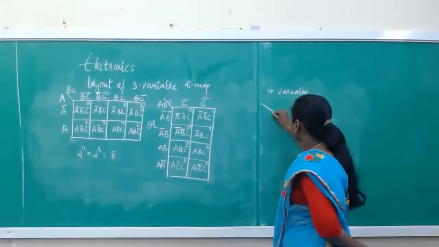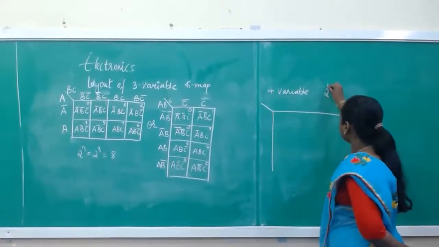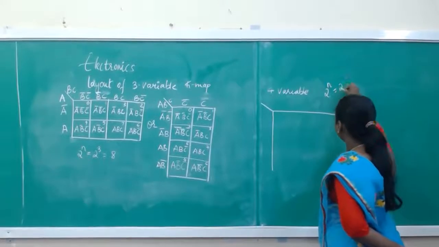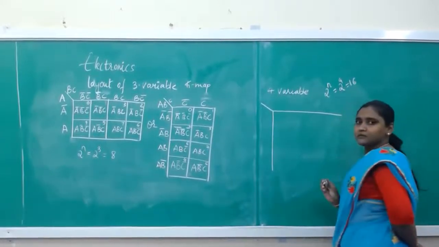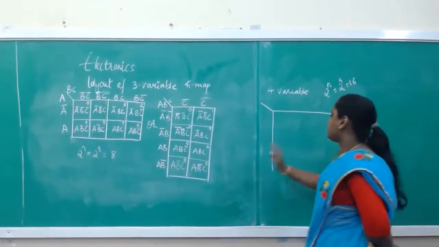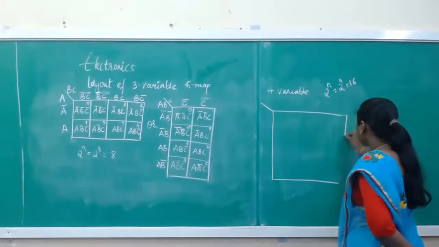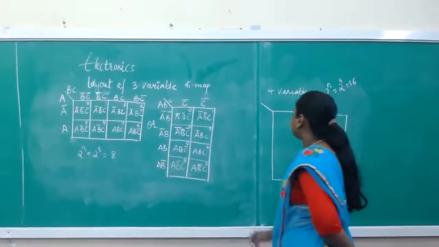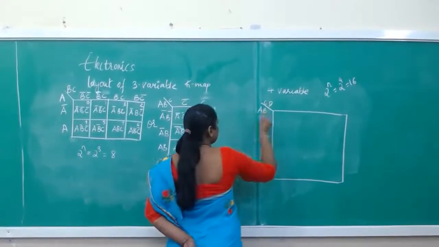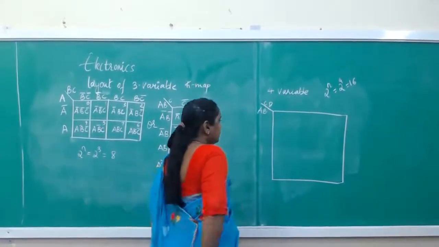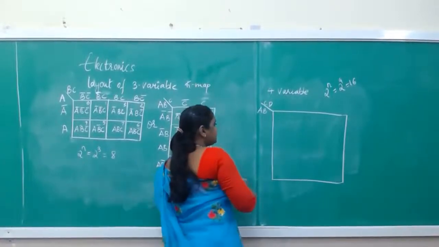So how to plot the 4 variable K-map? 4 variable is 2 to the power of n, that means 2 to the power of 4, which is 16. So after 8, there will be a total of 16 cells here, numbered 0 to 15. Here A, B, and this side C and D. Okay, A, B, C, D.